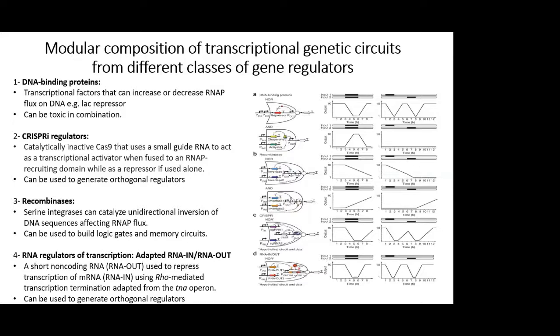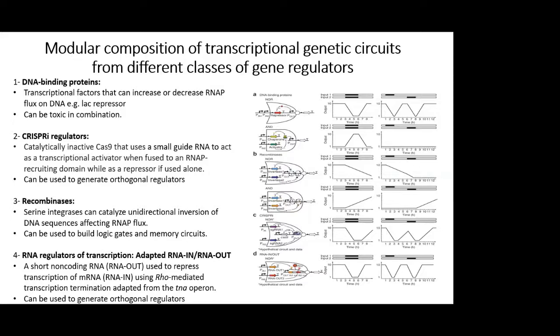However, in logic gates you need switch-like behavior, you need clear on-off states. So recombinase logic gates can exhibit truly digital behavior. So this is an advantage of using recombinases. So you know about the different properties of each regulator, and you choose the regulators that suit your circuit design purpose.